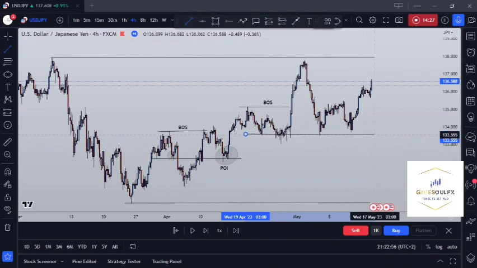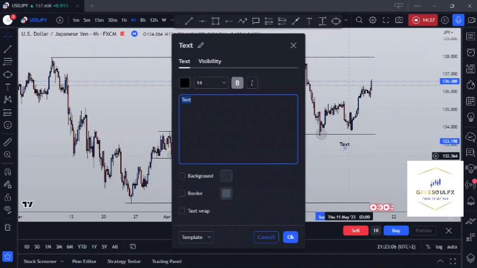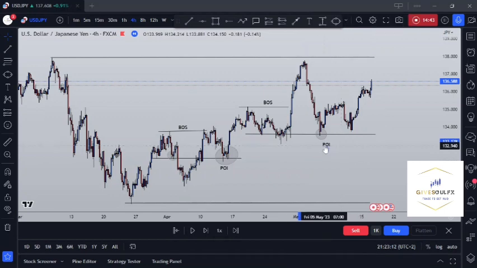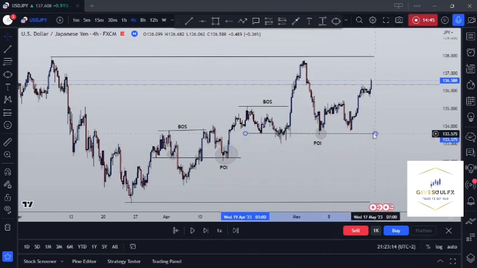And this time my previous low was exactly here, whereby price came back again to retest my previous low here. This means this line remains my point of interest. For now, this line remains my point of interest.